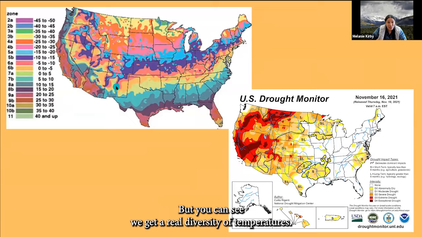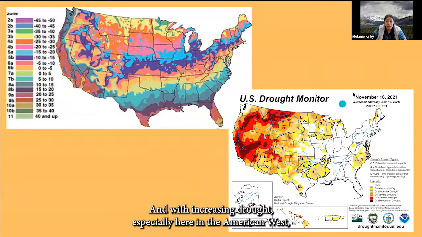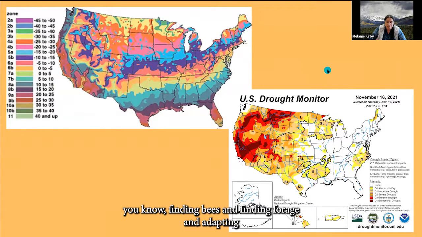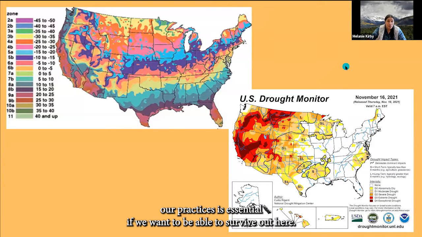But you can see we get a real diversity of temperatures. We get warm, but we also get hot and dry, and we also get really cold. And with increasing drought, especially here in the American West, finding bees and finding forage and adapting our practices is essential if we want to be able to survive out here.